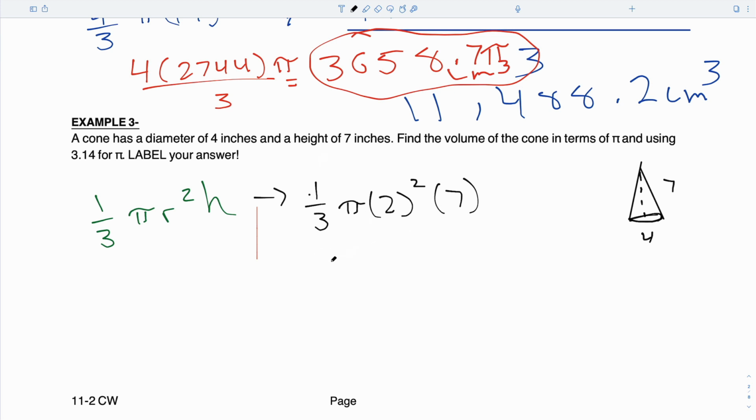Tell me what you would do. Are you gonna move to the pi symbol or are you gonna do 1/3 first? I think you should just do the square part and then times it by 7. Okay, 2 squared is 4 times 7. And then times 1/3 is the same thing as dividing by 3.